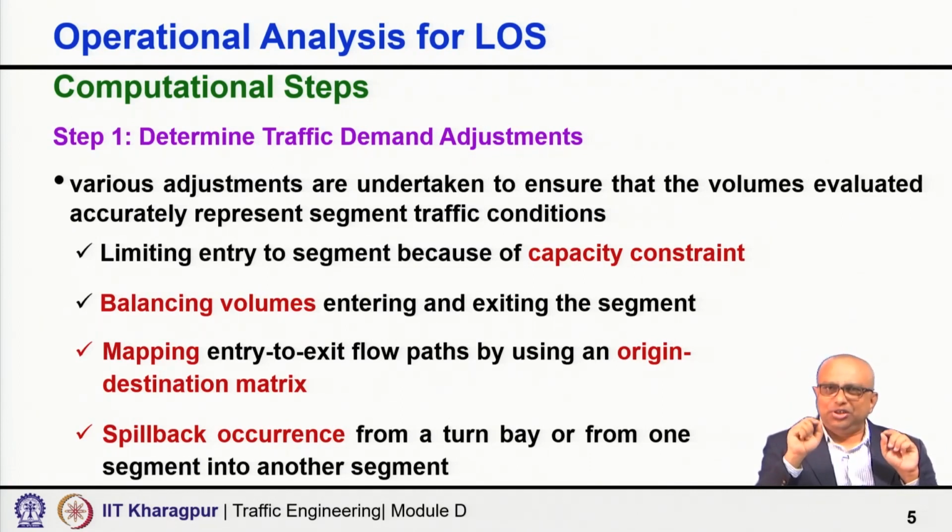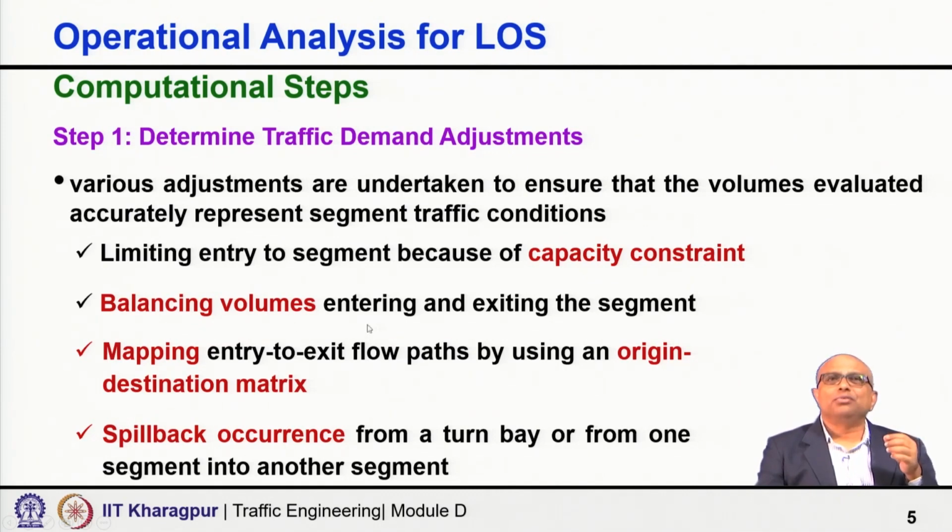So, to ensure that the traffic we consider is representative of the section, we need to carry out several adjustments. Multiple adjustments are carried out. One is for limiting entry to the segment because of capacity constraints. Due to capacity constraint, we need to limit the entry to segments.